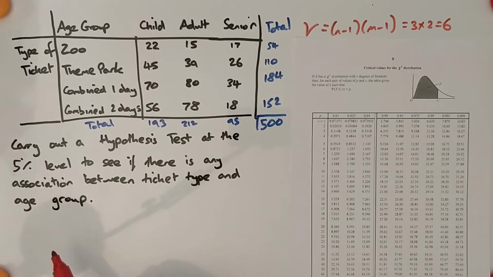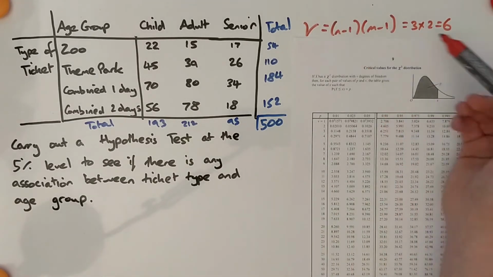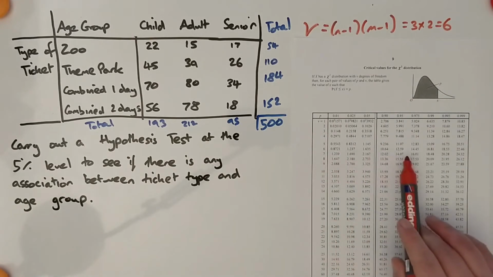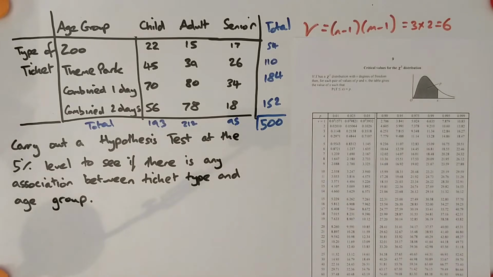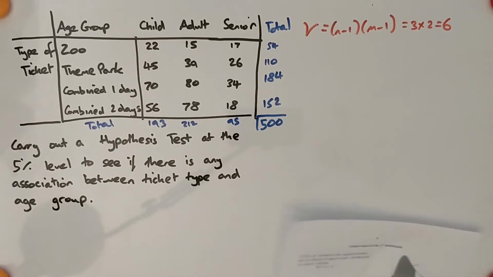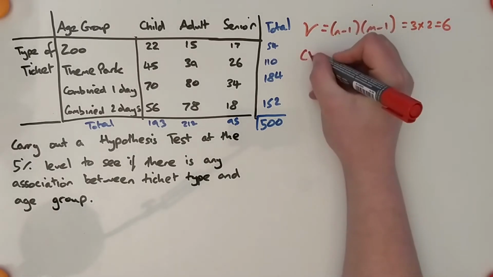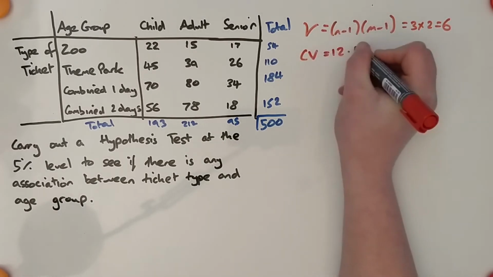So 5% level, nu equals 6, then we get 12.59 as our critical value. So 6, 0.95, 12.59. I'm going to make a note of that now. So our critical value is equal to 12.59.